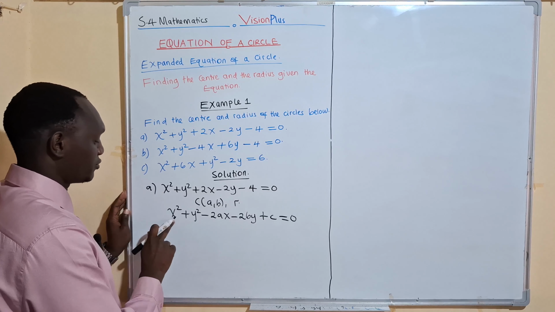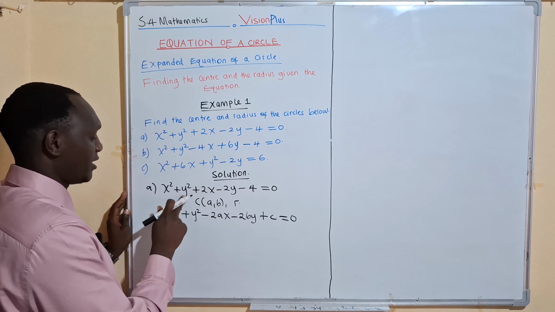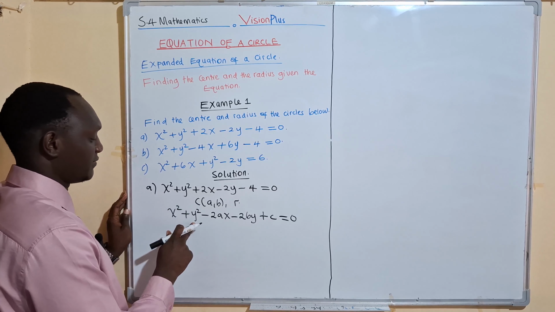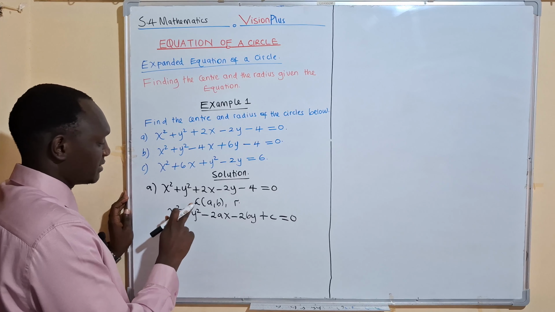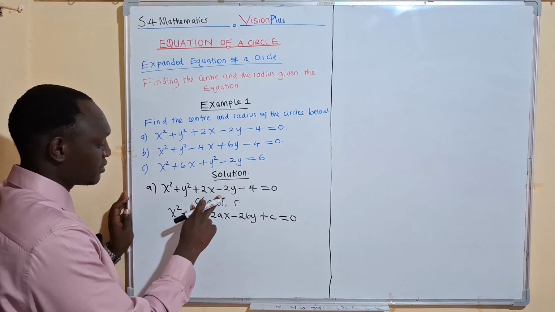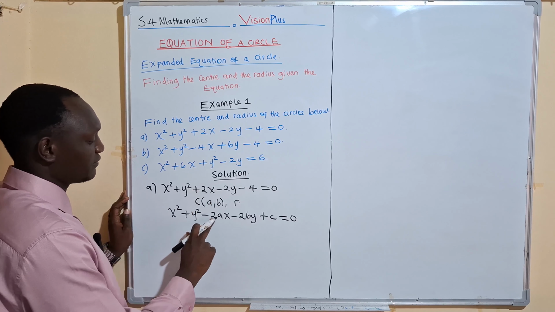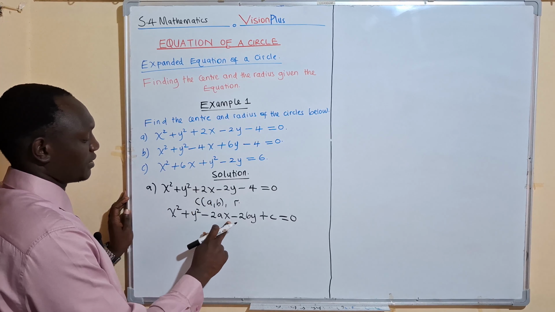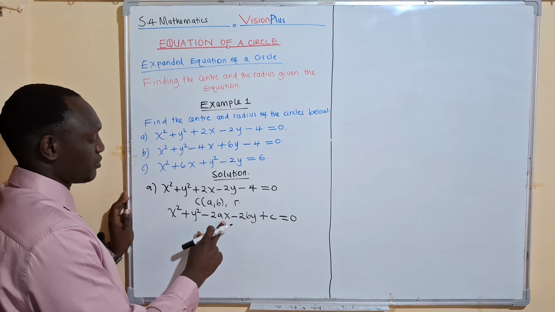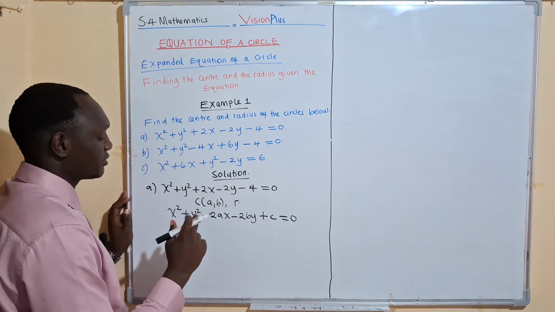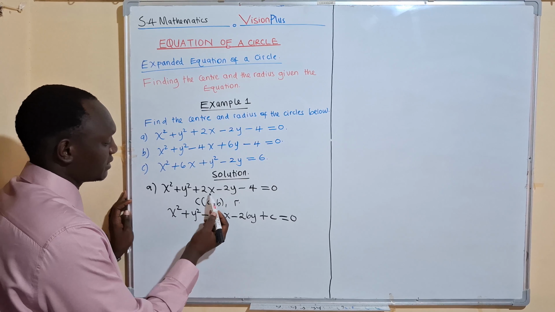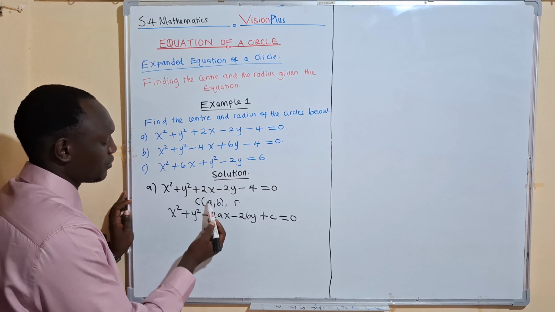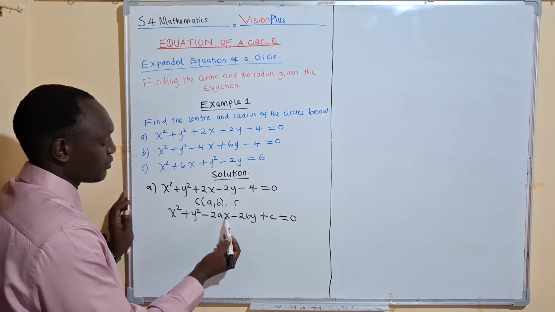x squared corresponds to x squared, fine. y squared corresponds to y squared, fine. That also means that positive 2x corresponds to negative 2ax. Those two terms correspond. That means the coefficient of x here corresponds to the coefficient of x here.